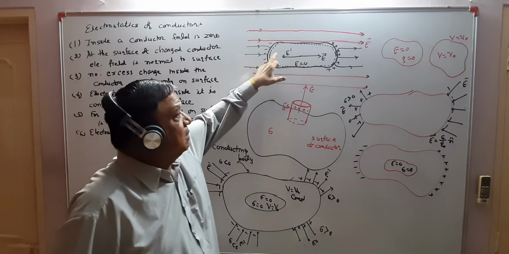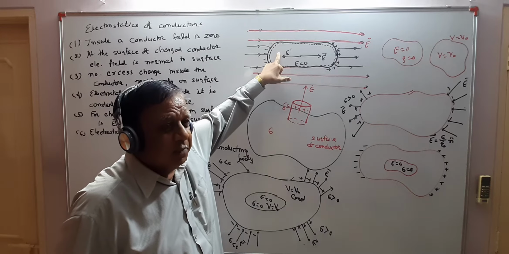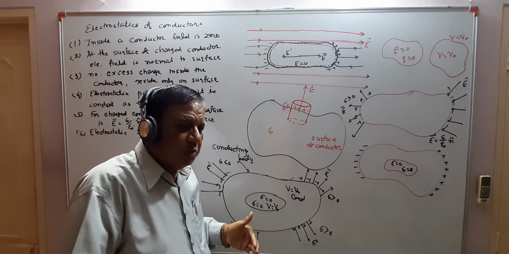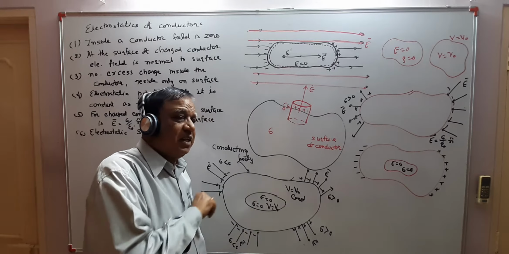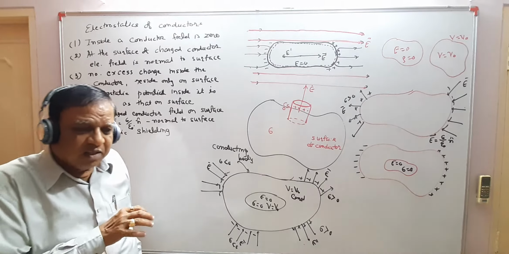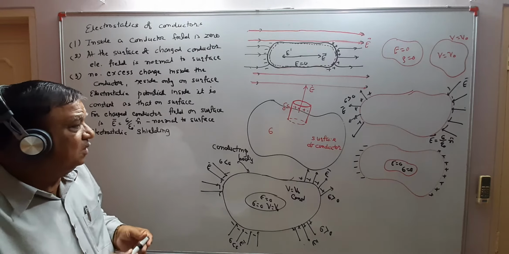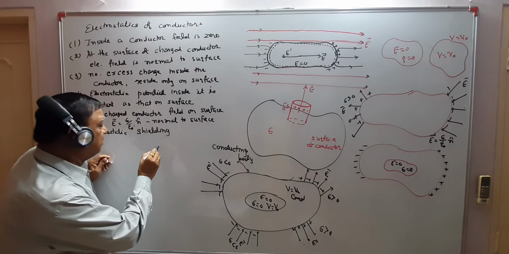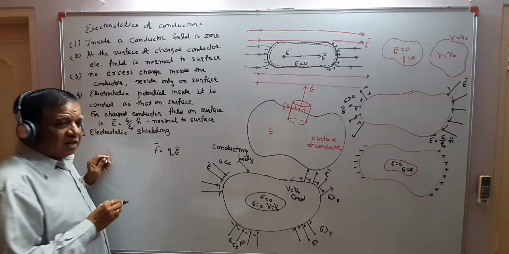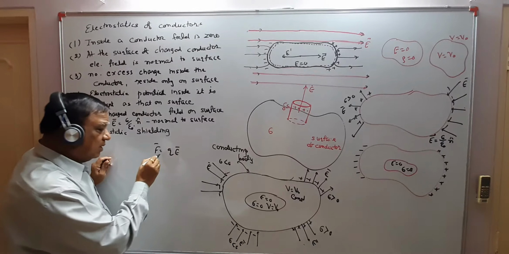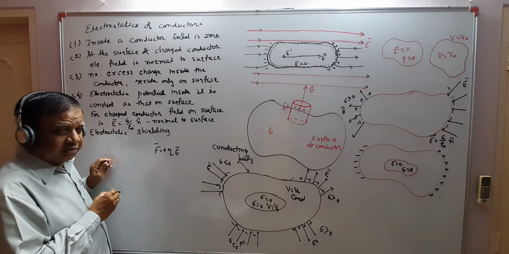When a metallic piece is placed in an electric field, an electric force acts on the charge carriers. As you know, F equals QE. If the charge is positive, the force will be in the direction of the field.